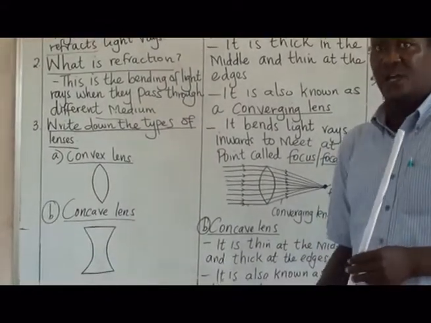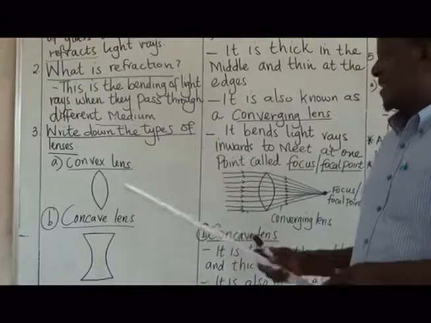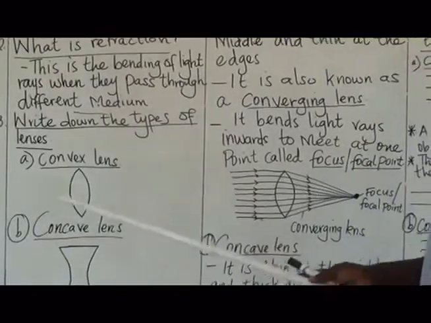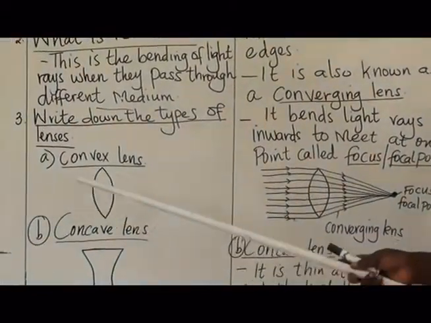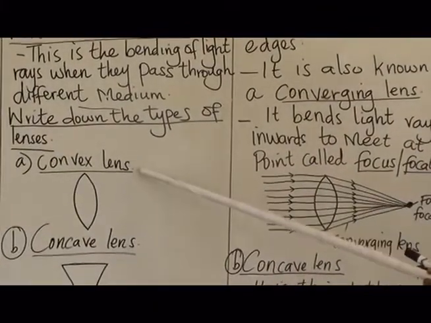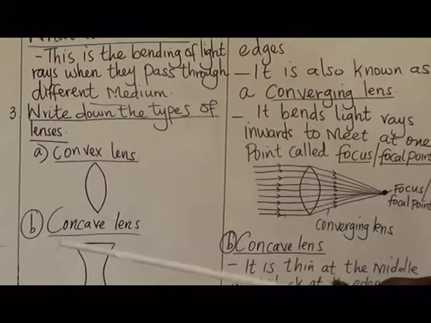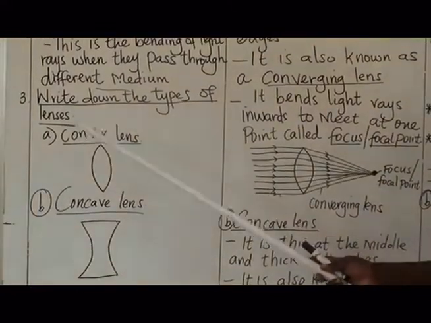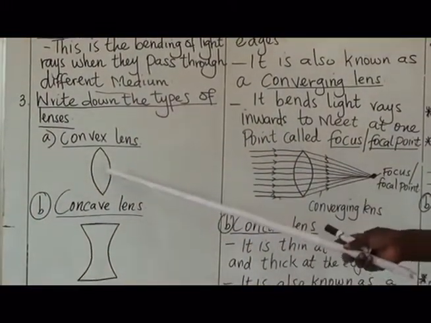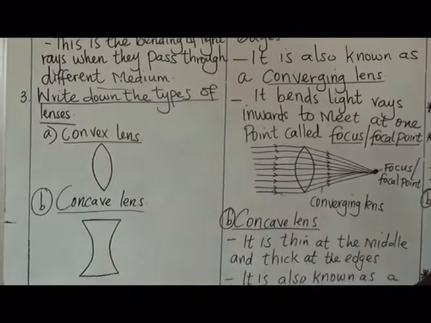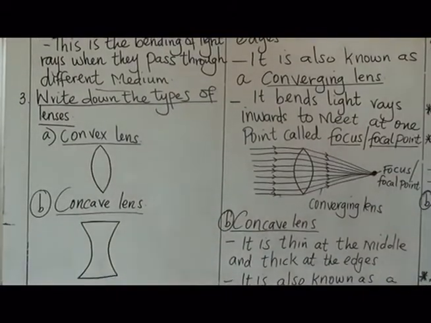The first one is known as a convex lens. Let's say together, convex lens. This is the first type of lenses. And if you see the diagram, this is a diagram of a convex lens.